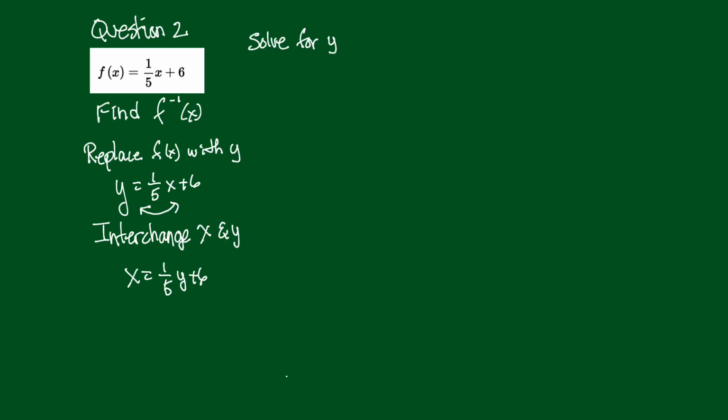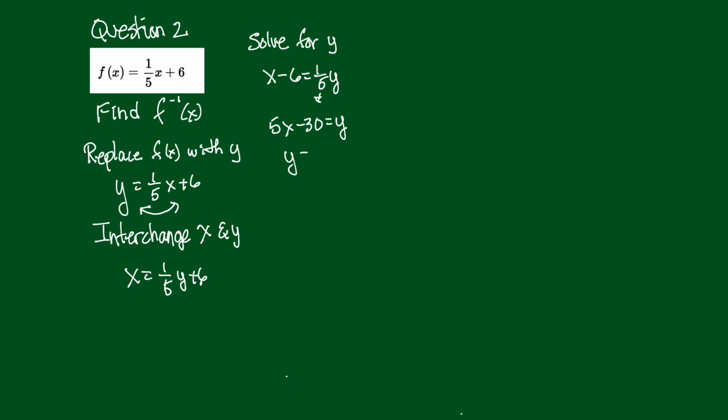Now solve for y. So to solve for y, I'm going to subtract 6. All right, so let's do that. Let's subtract 6. We'll get x minus 6 equals 1/5 y. And now what I'm going to do is I'm going to multiply by 5. So just multiply everything by 5. I'll get 5x minus 30 is equal to 1/5 times 5 is 1y.